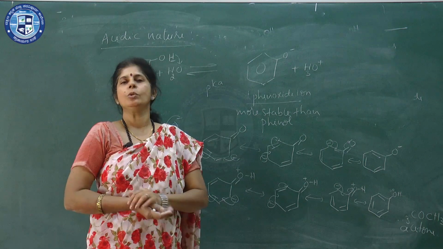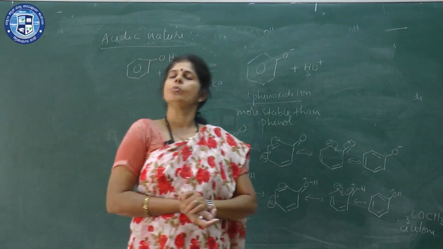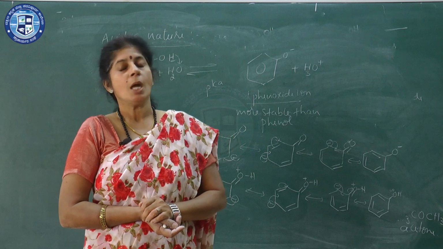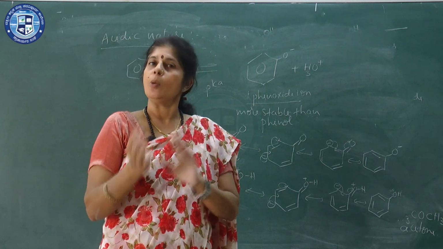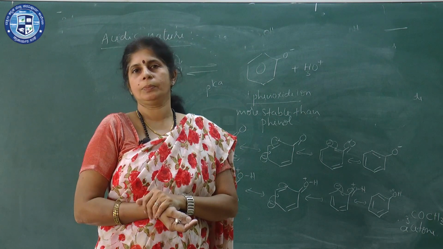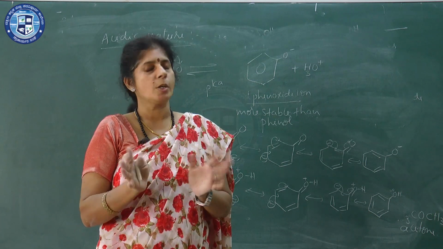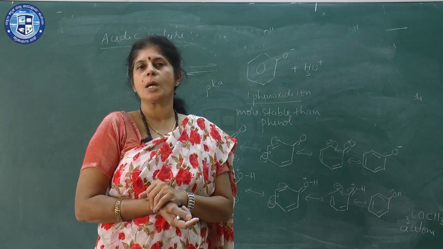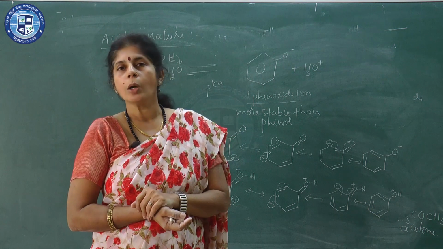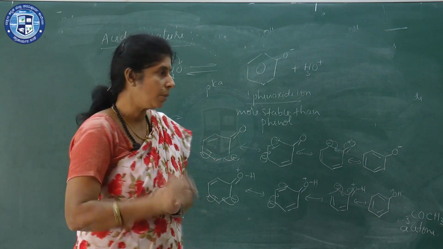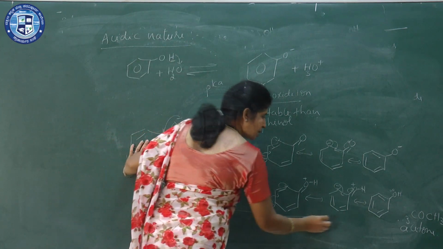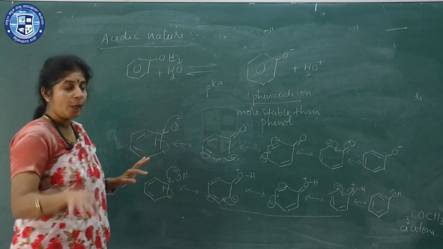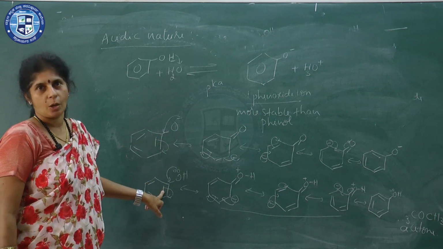All of us know that oxygen is a more electronegative element. That means it can have a negative charge but not a positive charge. The positive charge is not acceptable on the oxygen atom. That means these three resonance structures reduce the stability of phenol.